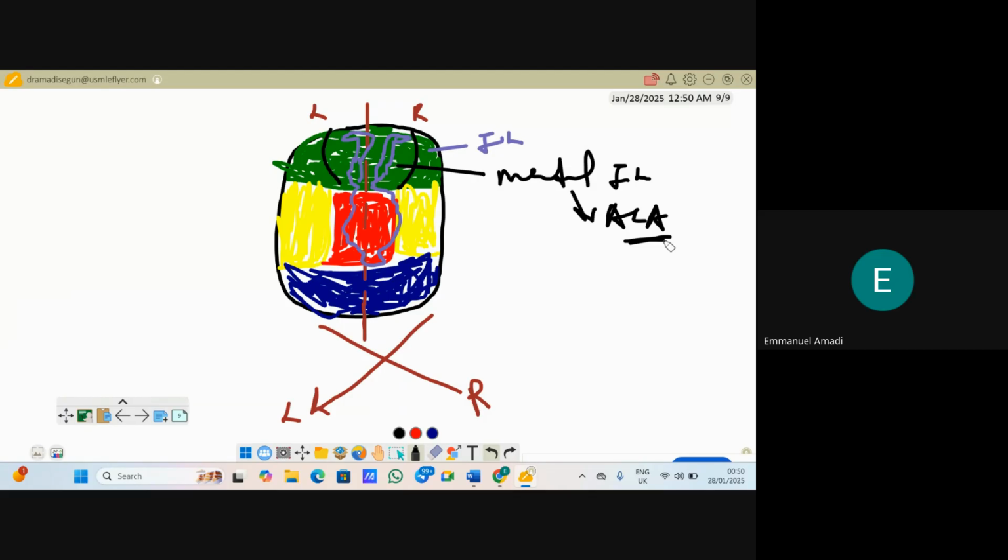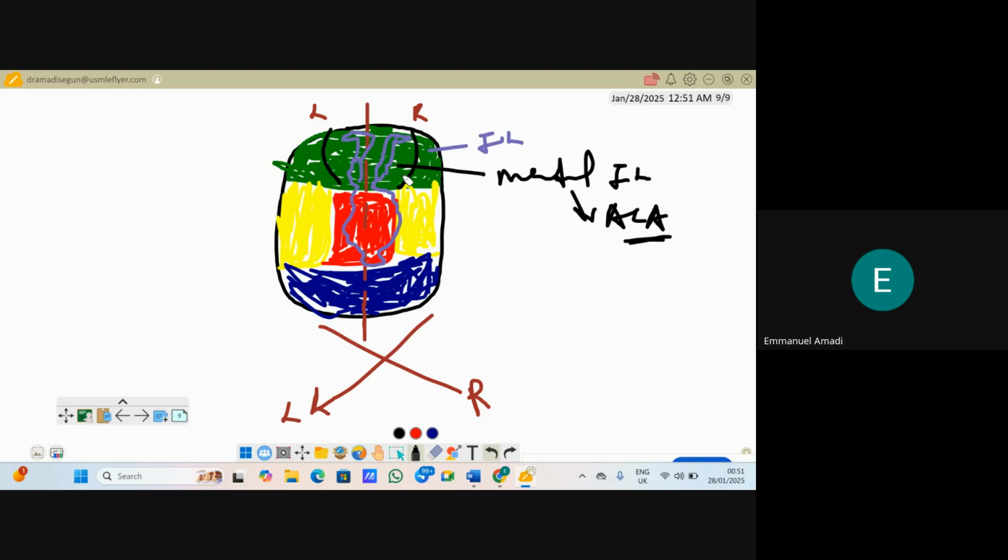We're now tying things together. Just by understanding that the anterior cerebral artery supplies this medial frontal lobe and the lower extremity lies in the medial frontal lobe, once I see that weakness is in the lower extremity, the upper extremity is spared, I will quickly tie it in.